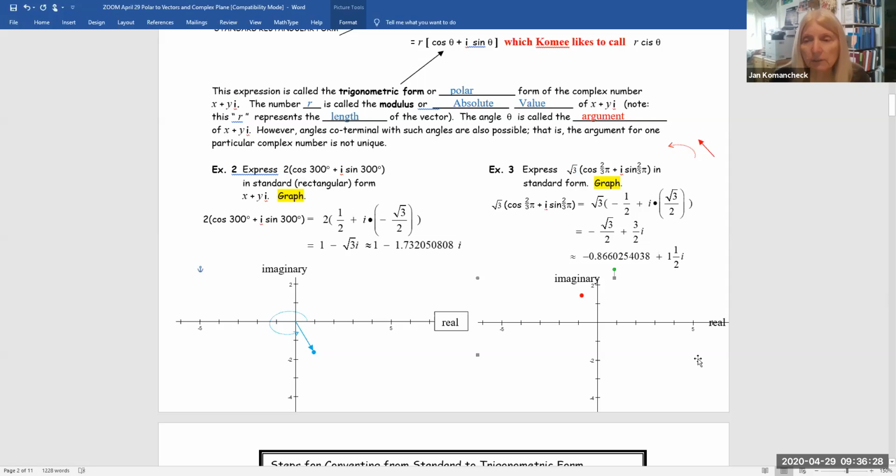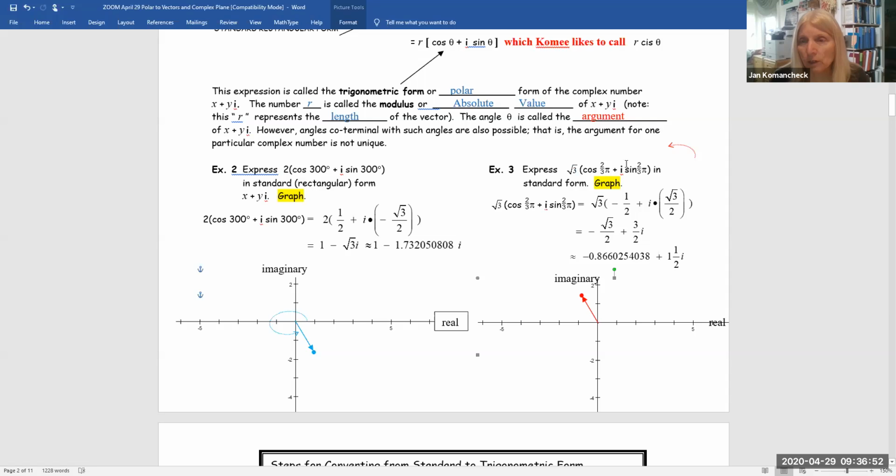Have I successfully graphed this complex number? No, not until I put in my ray, what mathematicians call a ray, but what physicists call a vector. So the length of my vector is actually radical 3, because that's my r.